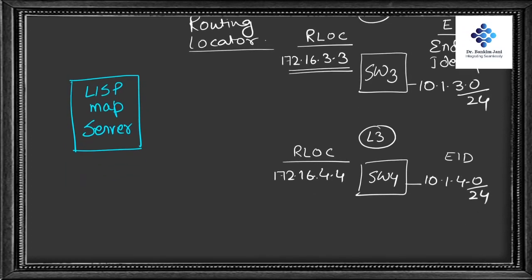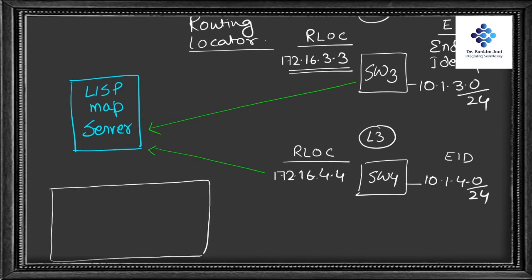So all of you come here and just let me know your situation. So everyone would come up and we will create the table, right? And it would say this is EID and this is RLOC.